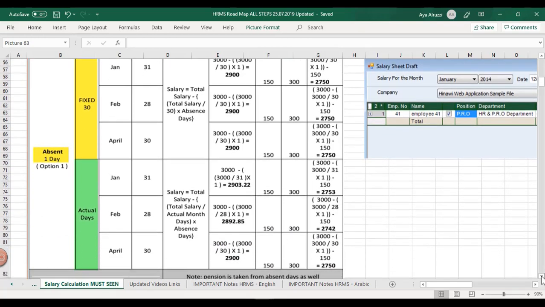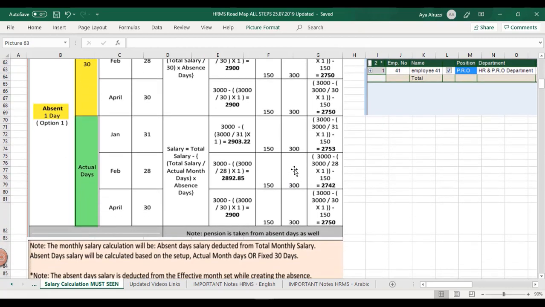Let's see, when we're talking about also 1 day of absence, but this time regarding the actual days, how is this calculated? For January, there are 31 days. For February, there are 28, and for April, there are 30. So the exact same way of calculation, but this time we do not put the 30 days here. This time we put the actual month days.